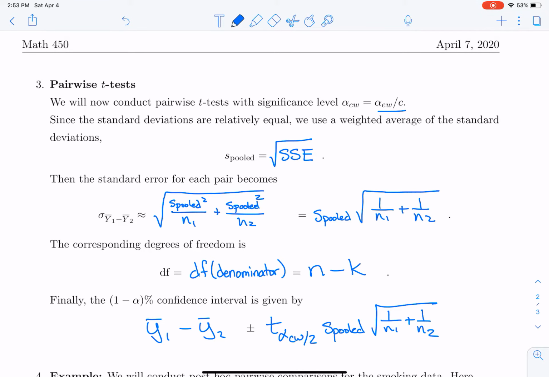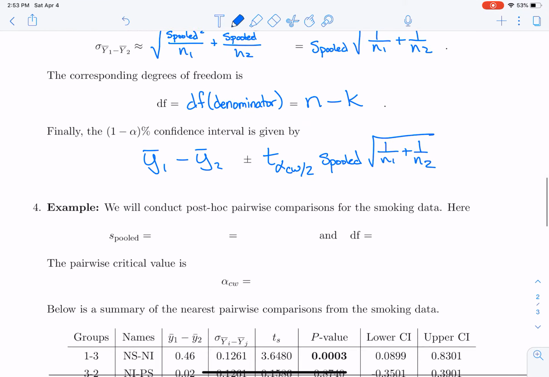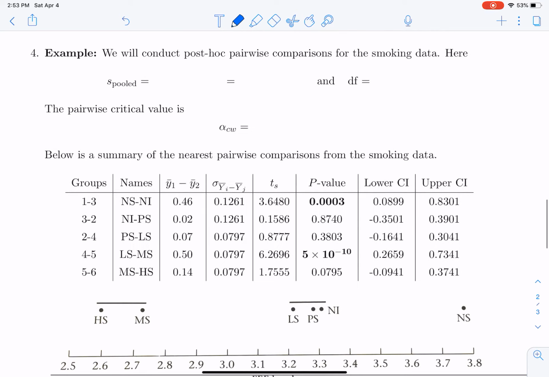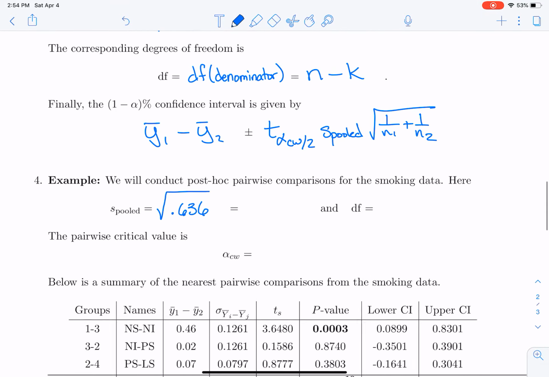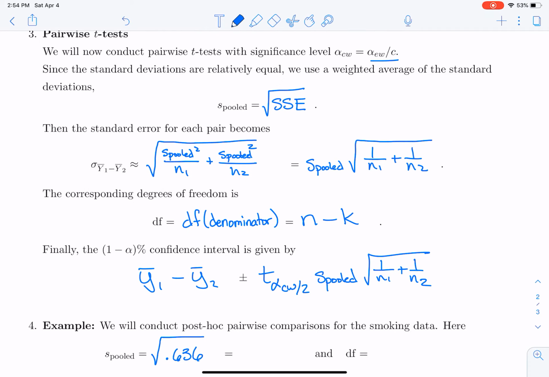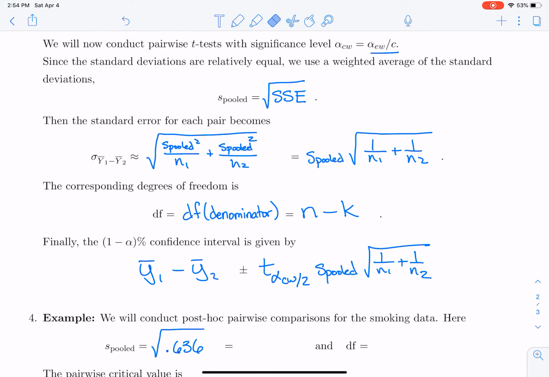Okay, so let's look at this for our specific example. We're going to conduct a post hoc test using pairwise comparisons for the smoking data. Okay, so S pooled is going to be the square root of our mean square, which is 0.636. And I'm pretty far along into this, so I'm going to tell you that I actually made a mistake here.